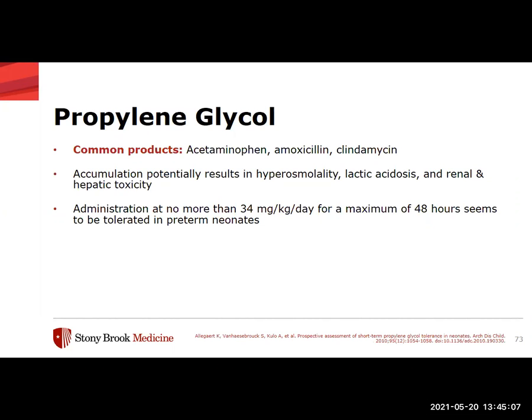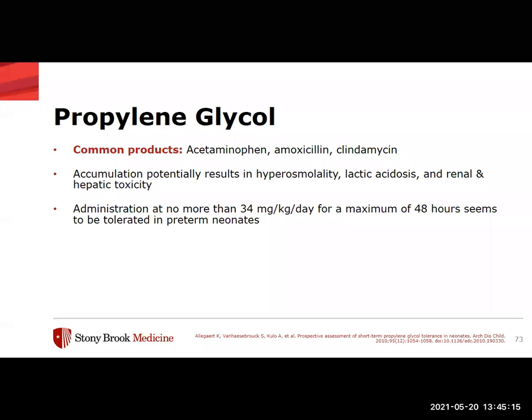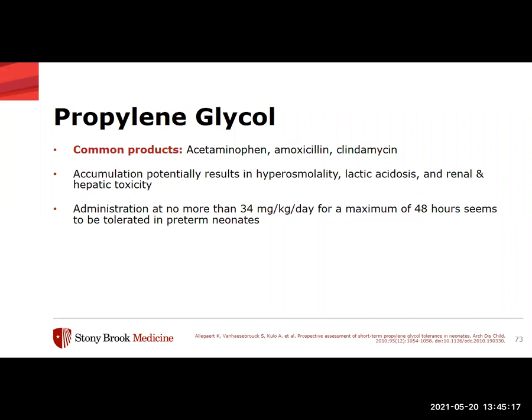In a prospective assessment of propylene glycol tolerance in neonates, large doses of propylene glycol were administered during a session of IV nutrition, and serum hyperosmolality was reported in small premature infants. During the IV nutrition session itself, the major source of propylene glycol was actually found to be an IV multivitamin solution.